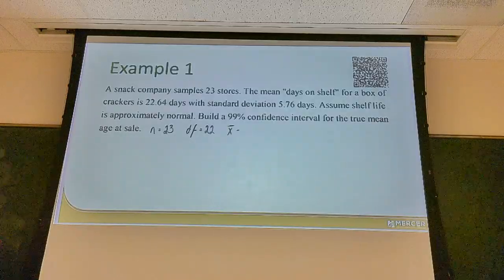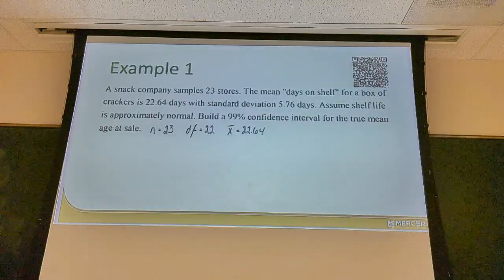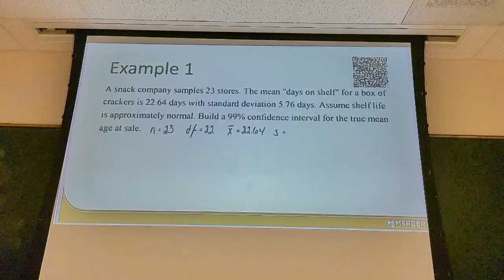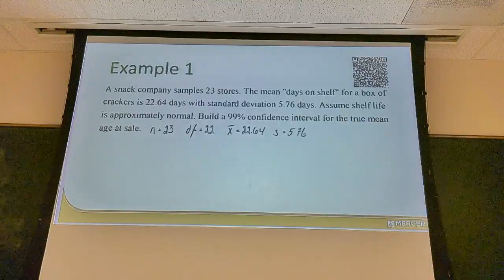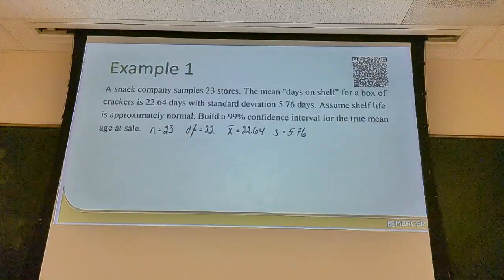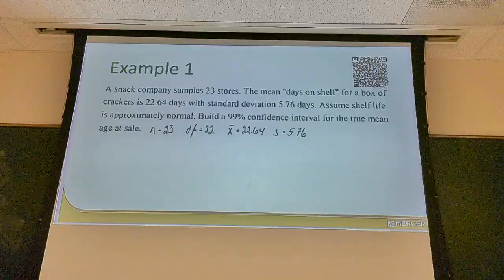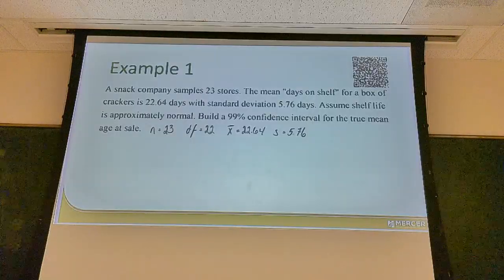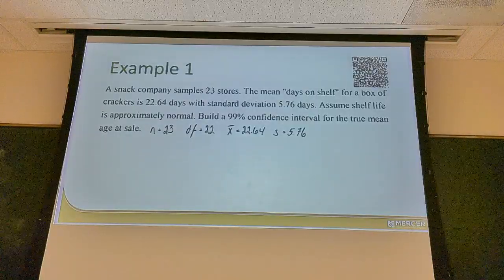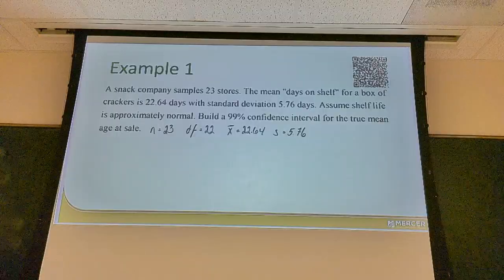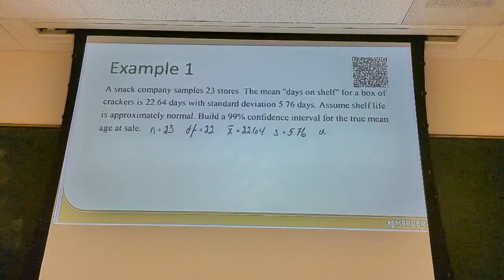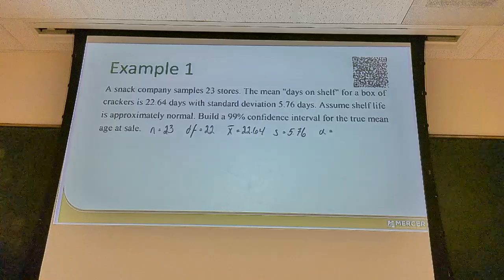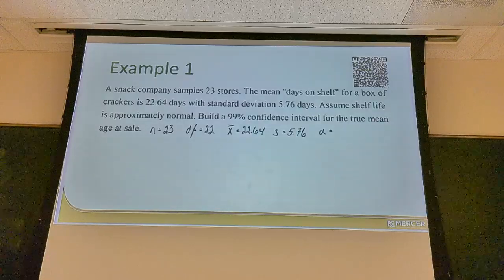We have x bar. We have s. We have our confidence level too, 99%. What does that make alpha? As a decimal.